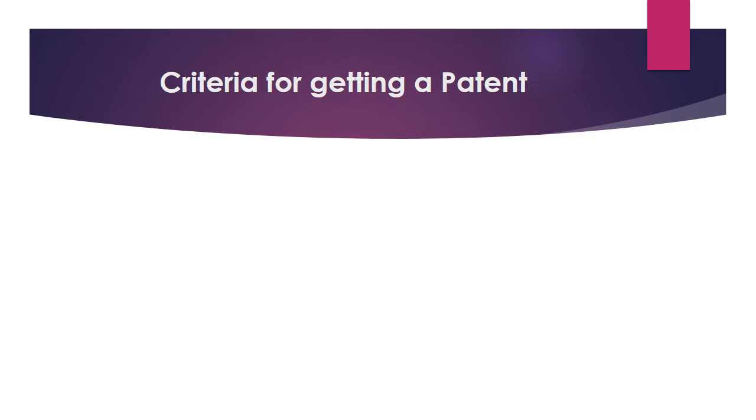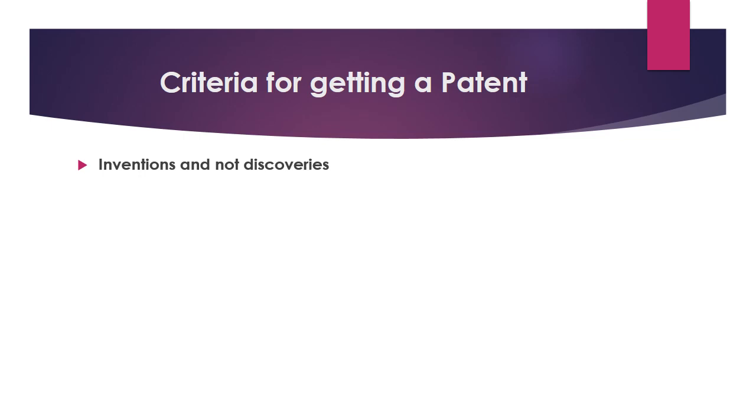Next is criteria for getting a patent. Once you get the patentability search done, or before getting it done, as an inventor you should know that the patent office gives you a patent grant only on inventions and not on discoveries. Discoveries mean you are just discovering a new form of a known substance or a new application of a known substance.